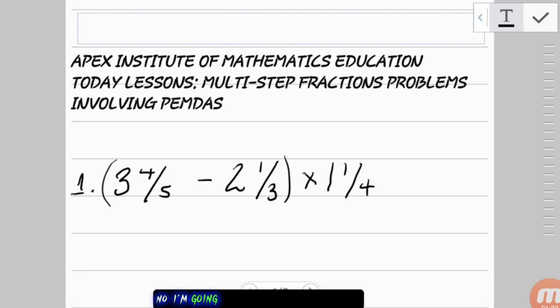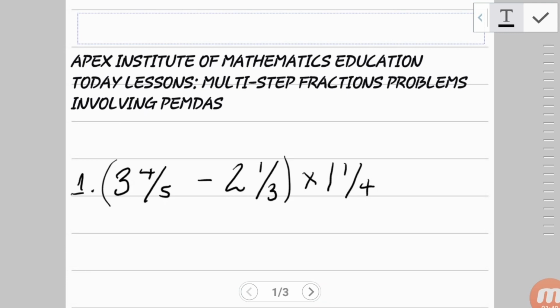Now, I'm going to be of the assumption that you guys would have already had the prerequisite skills of learning the basic aspects of fractions, such as the difference between improper and proper fractions, converting mixed fractions to improper, converting improper fractions to mixed, knowing how to find LCM, and knowing when to invert and cancel.